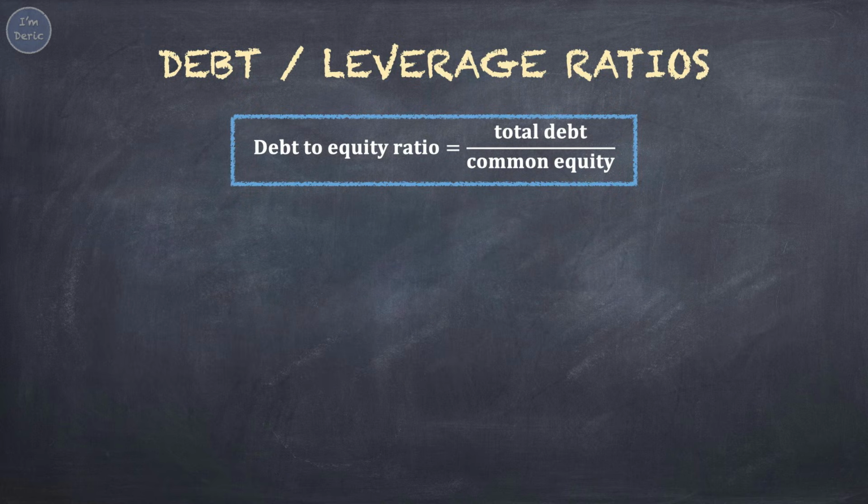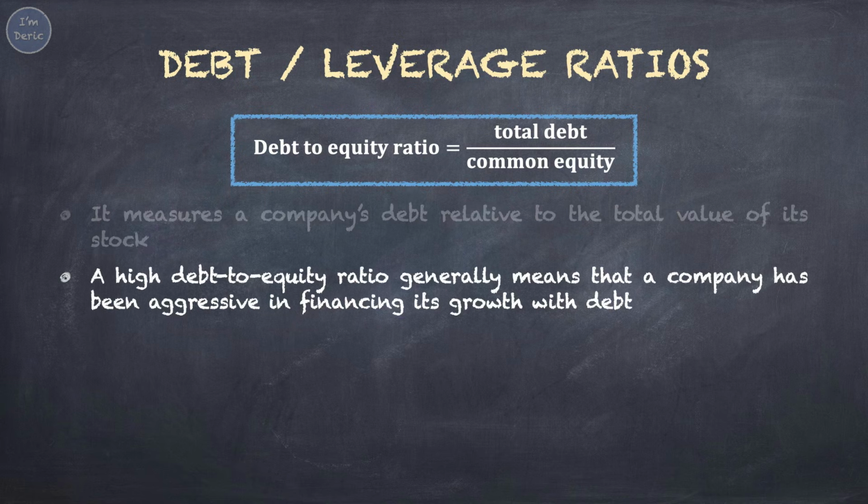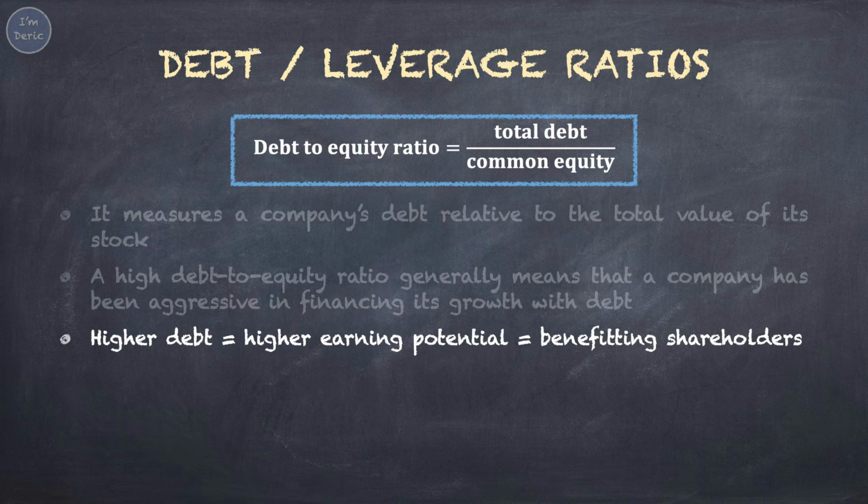Next, debt to equity ratio, calculated by taking total debt over common equity. It measures a company's debt relative to the total value of its stock. A high debt-to-equity ratio generally means that a company has been aggressive in financing its growth with debt. For taking higher debt, the company can invest in more projects, so that it will have higher earning potential.